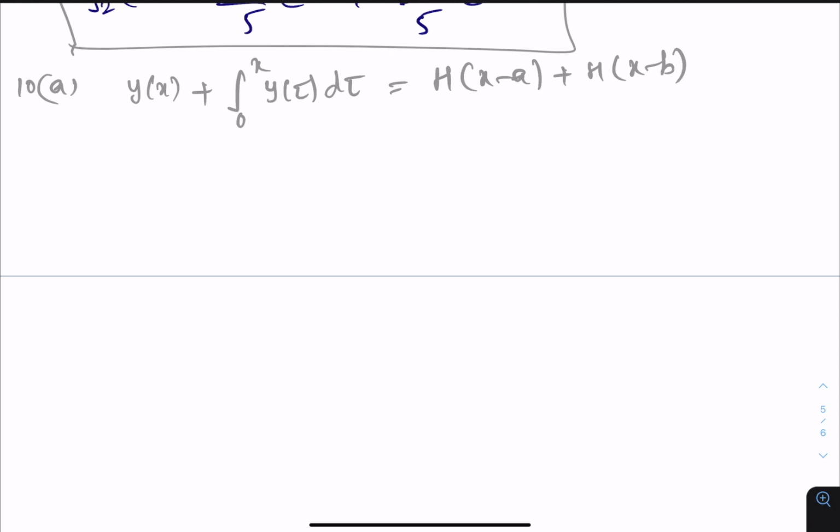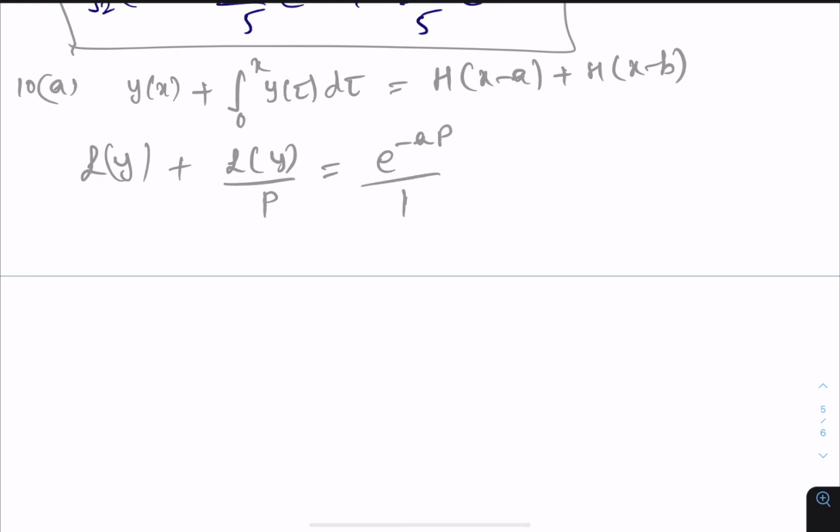So now you take Laplace transform both sides, so you get Laplace transform of y plus, in this case, Laplace transform of the integrand over p is equal to Laplace transform of the Heaviside function, so e power minus ap over p, right? This is by the second shifting theorem and so on. So plus e power minus bp over p.